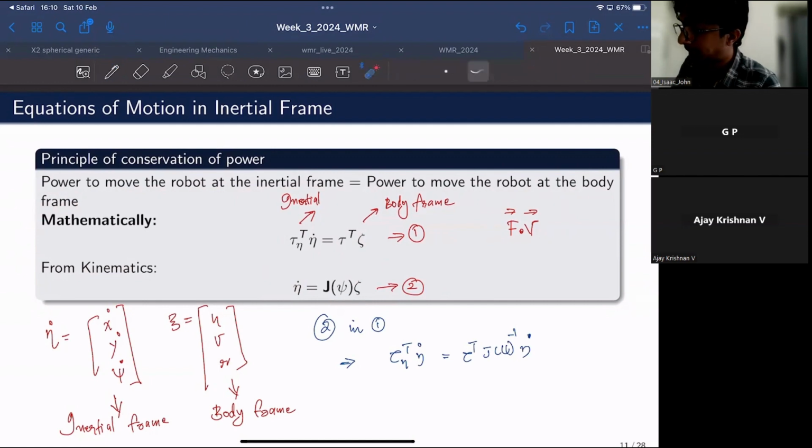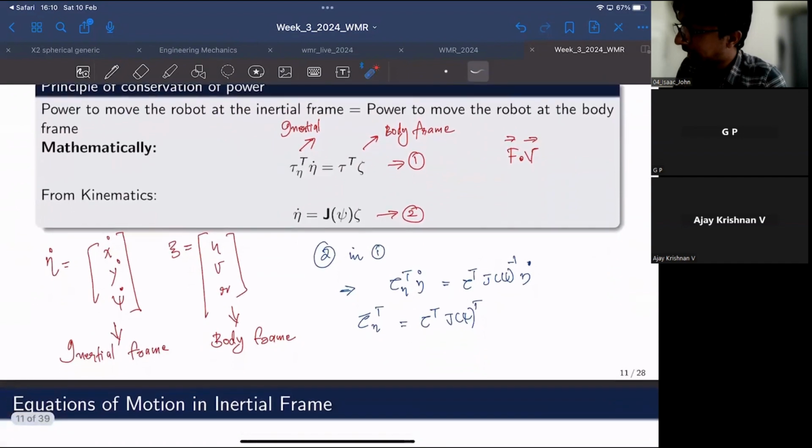So you can cancel these eta dot terms. Tau eta transpose is tau transpose J of psi transpose. I'm writing this inverse as a transpose because J of psi is nothing but the rotation matrix, and since it is orthonormal, its transpose is also its inverse.